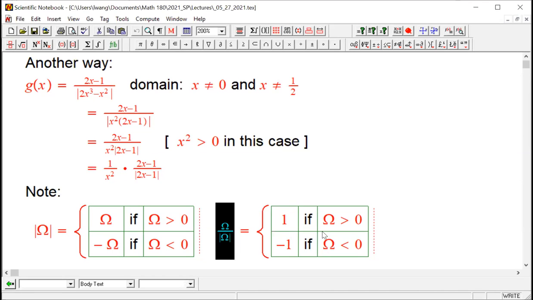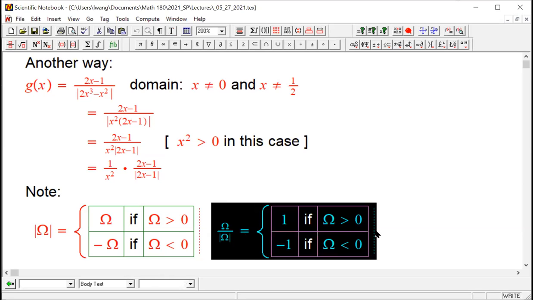Guess where I'm going to use this for? I'm going to use it for here. Do you guys see it?